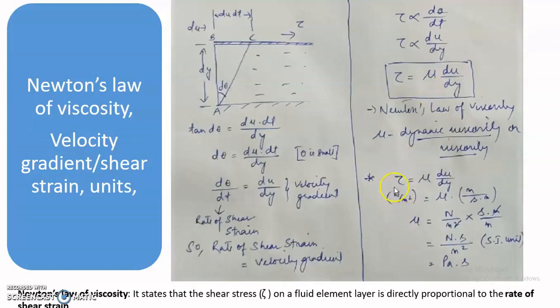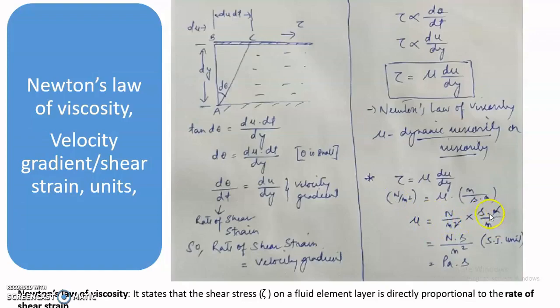So we have the equation for Newton's law of viscosity as tau is equal to mu into du by dy. Tau is force per unit area, so Newton per meter square is equal to mu into du by dy. Velocity is meter per second for du, and for dy we have meter. We need to find the unit for this mu. So we do some rearrangement: mu is equal to Newton per meter square into second into meter for distance by meter.